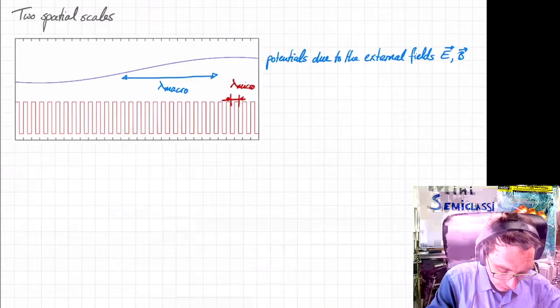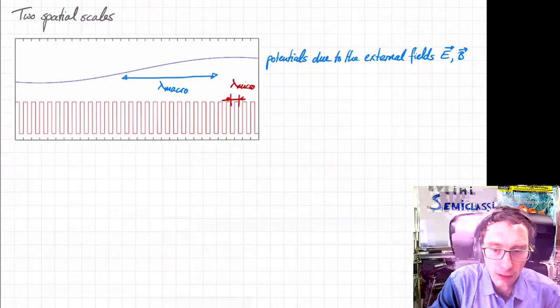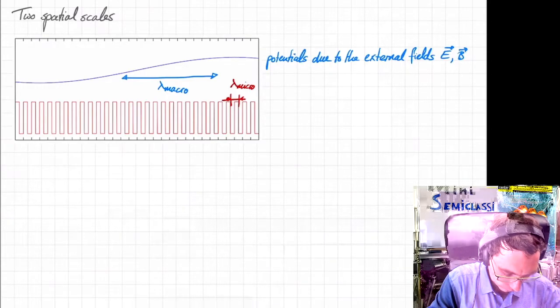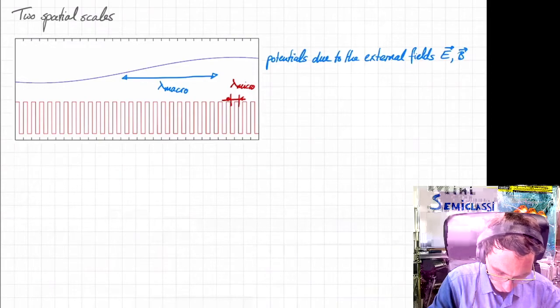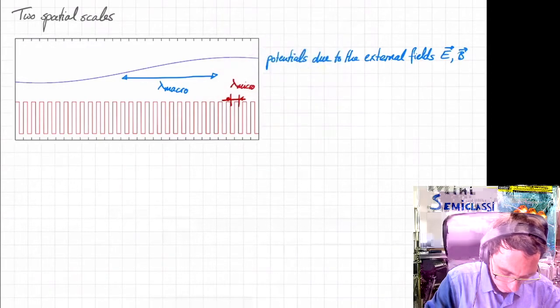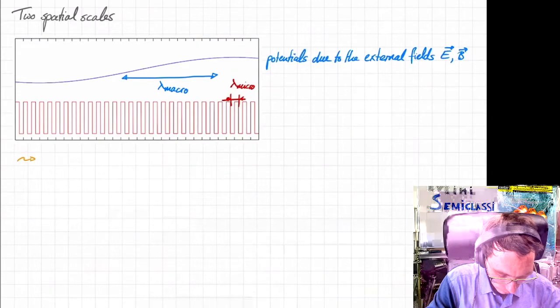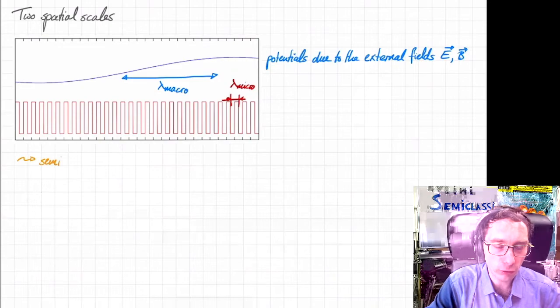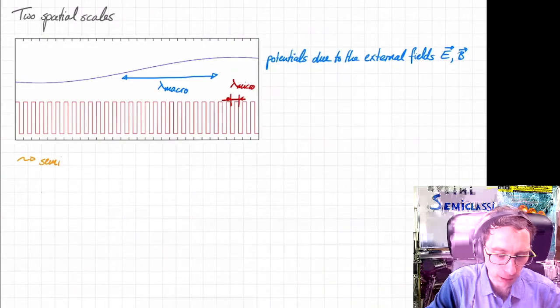And that means that the semi-classical parameter in this case is just the ratio of the microscopic to the macroscopic spatial scale.